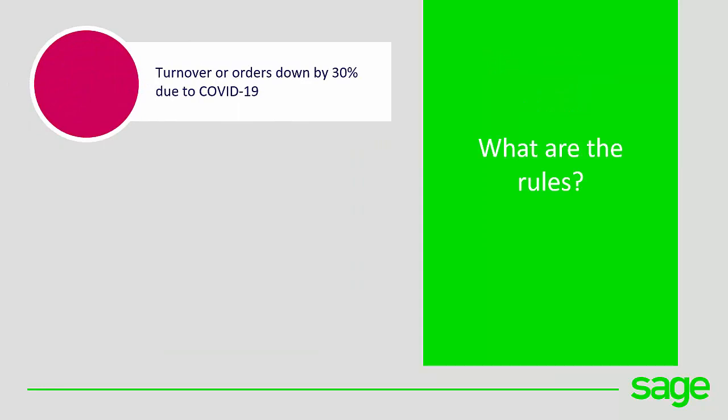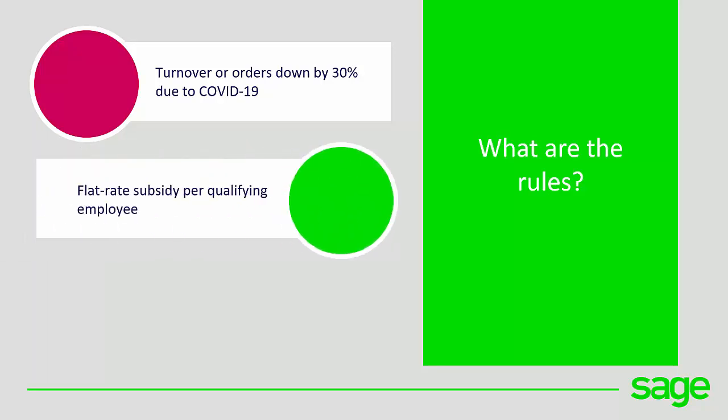The rules of the EWSS state that turnover or orders should be down by 30% due to COVID-19. So employers and new firms in sectors impacted by COVID-19 whose turnover has fallen by 30% will get a flat rate subsidy per week based on the number of qualifying employees on the payroll, including seasonal staff and new employees.